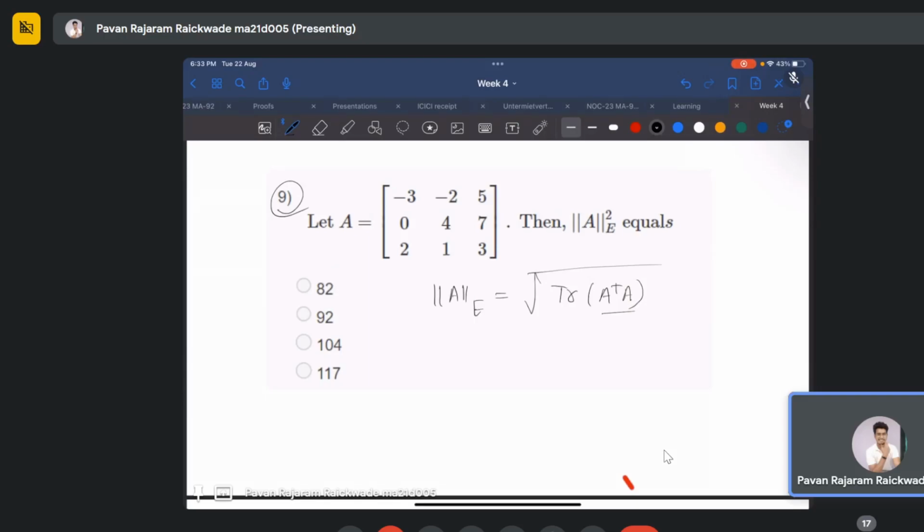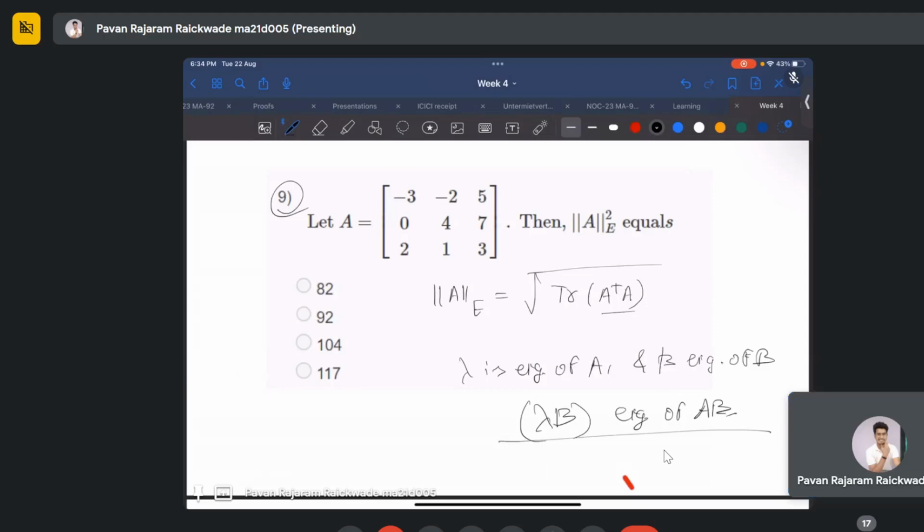What you are saying is, if lambda is an eigenvalue of A, and let's say beta is an eigenvalue of B, then lambda times beta is an eigenvalue of AB. This is your claim, right? In this example, your B is A transpose. So we cannot do this. No, this is wrong. This is not true. Eigenvalues do not behave like this. Keep this as an exercise: find matrices A and B for which this does not hold.